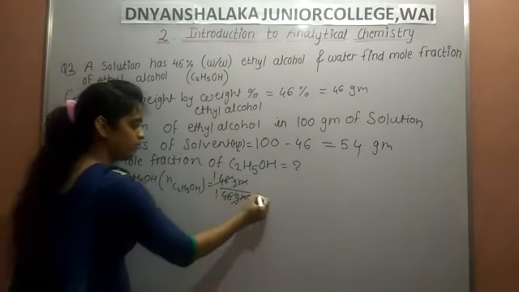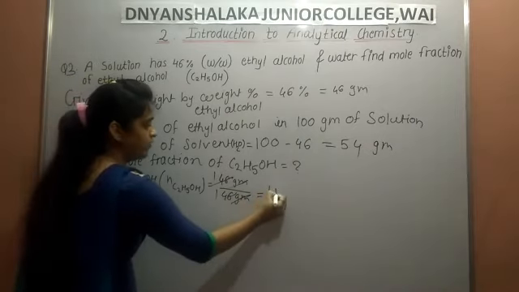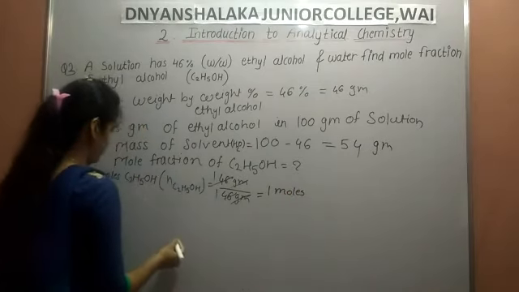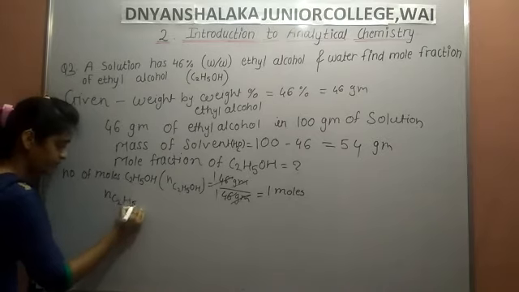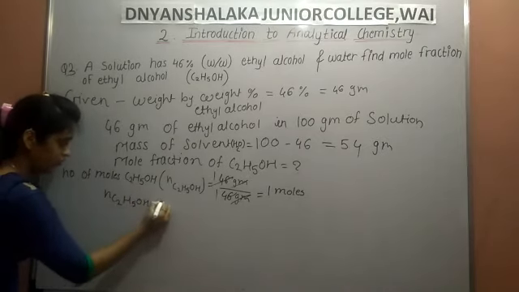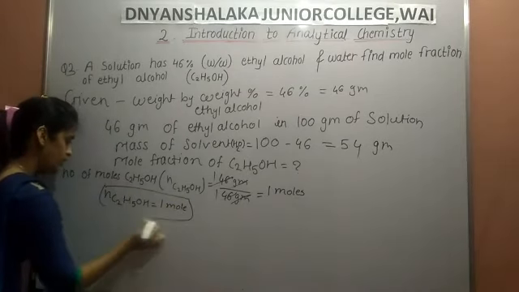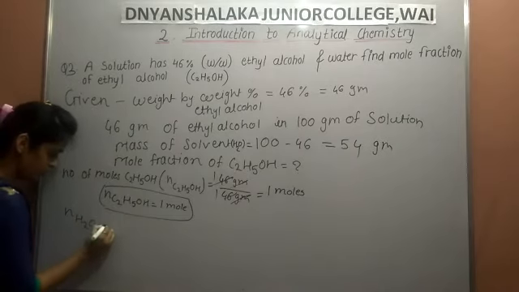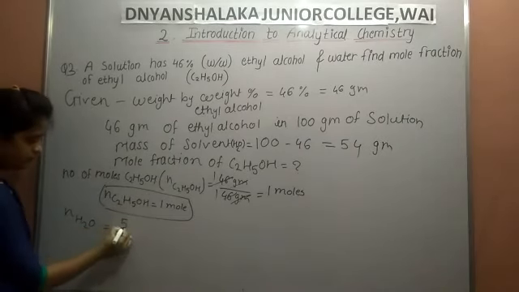So the number of moles of ethyl alcohol is 1 mole. Next we have to find out the number of moles of water. So the number of moles of water, which is given as 54 gram.